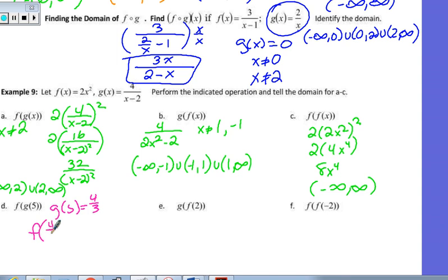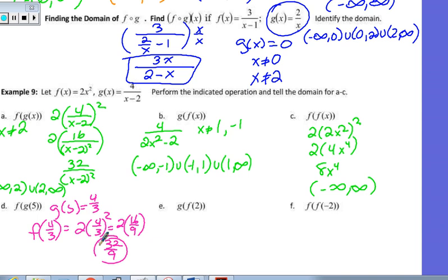So what's f of 4/3? Applying that inside the x value over here. So that's going to get us 2 times 4/3 squared, which is going to be 2 times 16 over 9, and eventually we're going to land at 32 over 9. There's no reason to do anything with that fraction, just let it be.